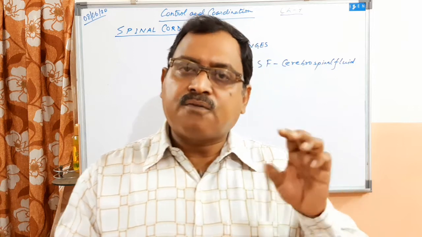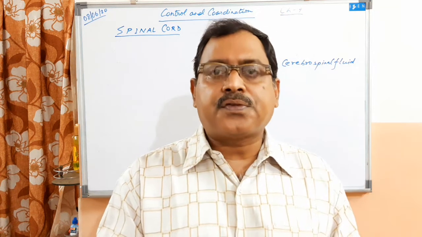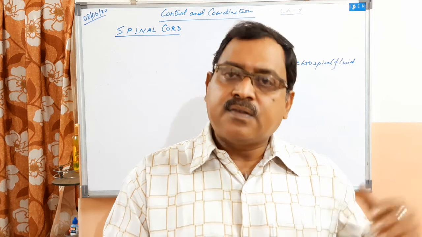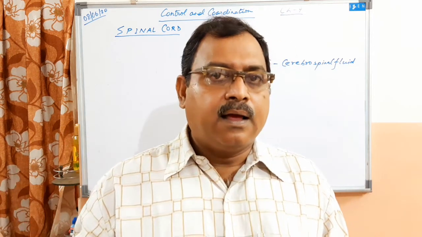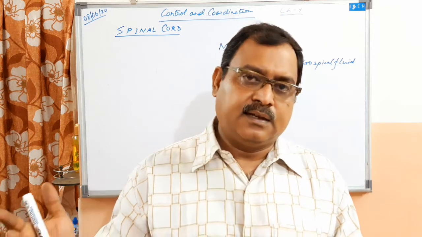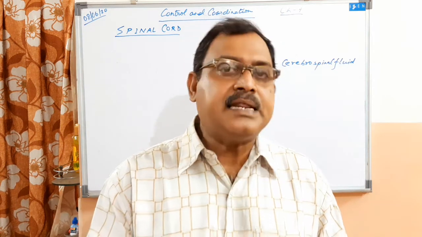And then through the ventral root, which consists of a motor nerve, a certain response is carried up to the effector organs, muscles or glands. And then a certain reaction of the body is seen.